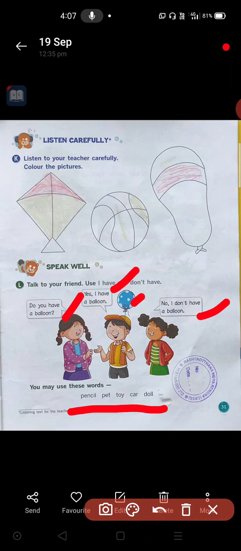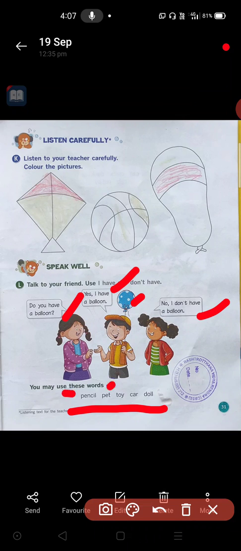You can talk with your parents or brother or sister or uncle, auntie, whoever it may be in your home. One of the family members, you can call them and talk to them. You ask them, Papa, do you have a pencil? Then your papa will reply to you. If he has it, he says, yes, I have. If he does not have it, he says, no, I don't have a pencil.